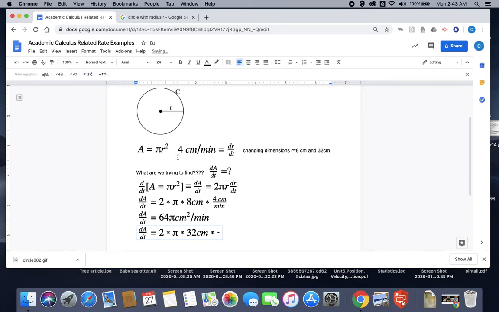It's still the same rate of change of radius, so 4 centimeters per minute. We can do that math. 2 times 32 is 64, and 64 times 4 gives us 256 pi. So we'll just hit equals, 256 pi, and that is centimeters squared per minute.